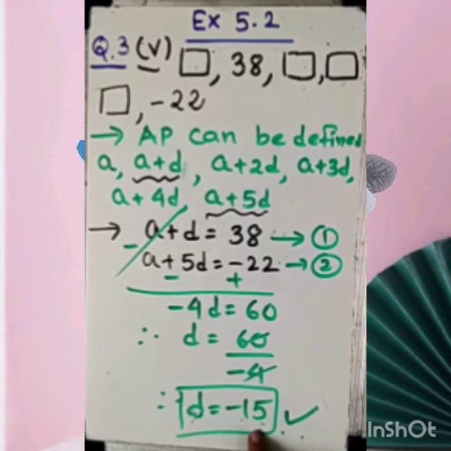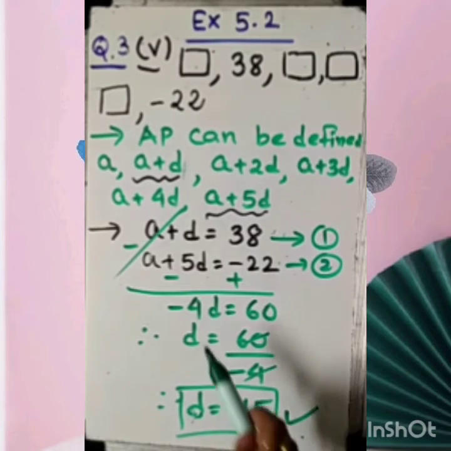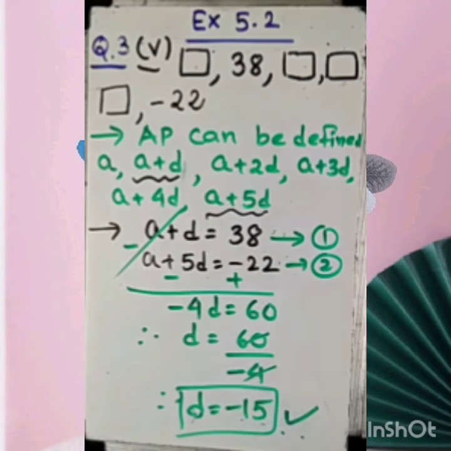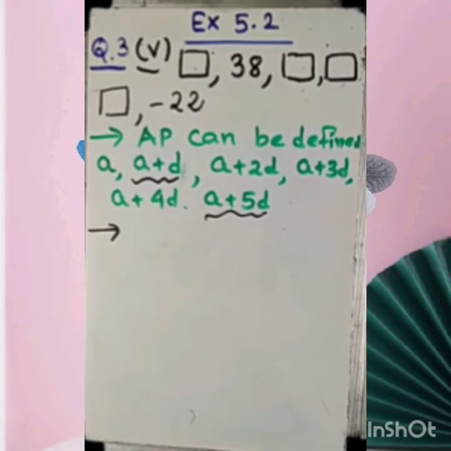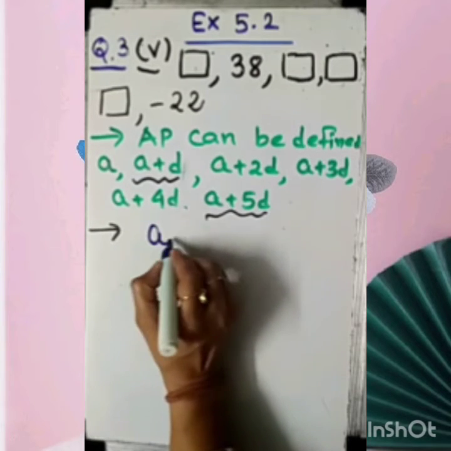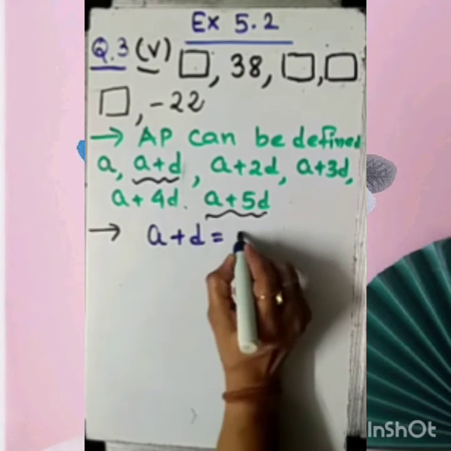Now we need to substitute this value in equation number 1, as we are applying the elimination method. So dear student, the first equation was A plus D equal to 38.